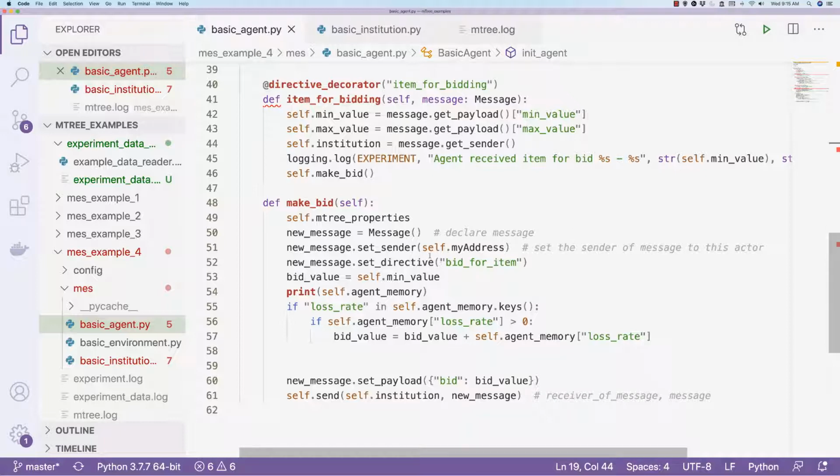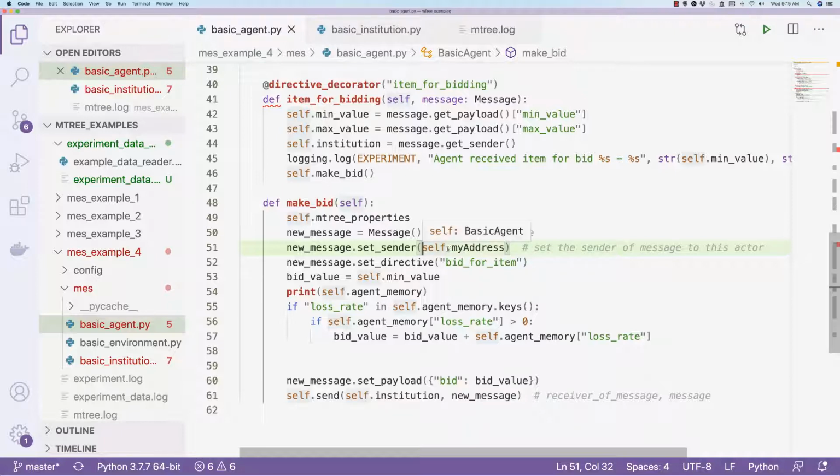One thing to note, and you might encounter this again in the pickling issues that we were talking about, that could come about as the result of some of the changes. When you set the sender, in previous examples we had just set sender as self, which is a reference back to the object itself. Now we're being very specific and explicitly stating that it's self.myAddress.